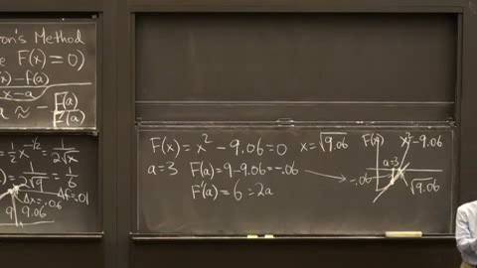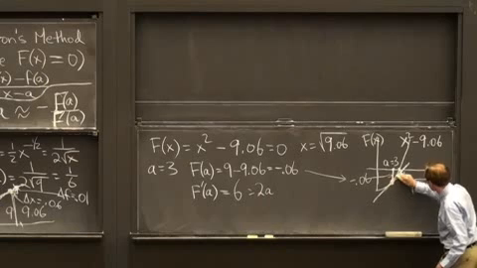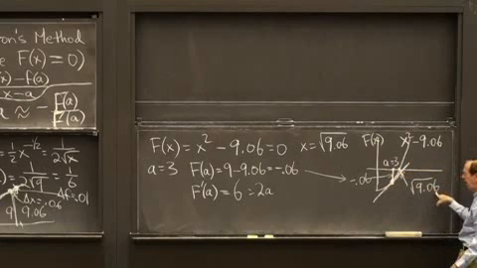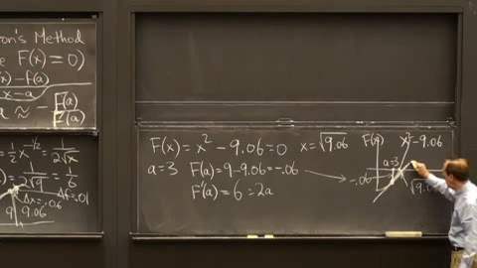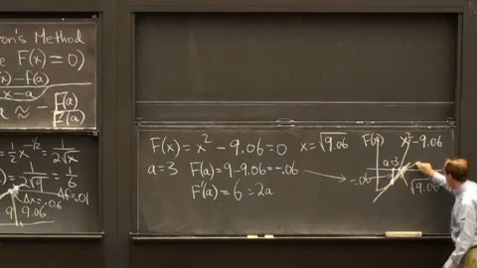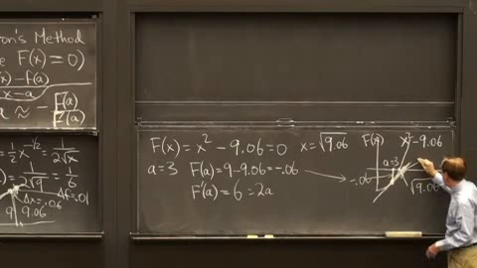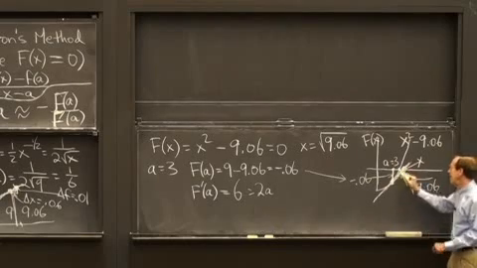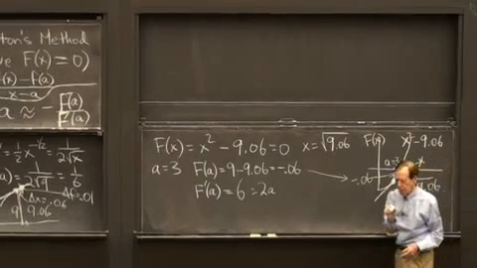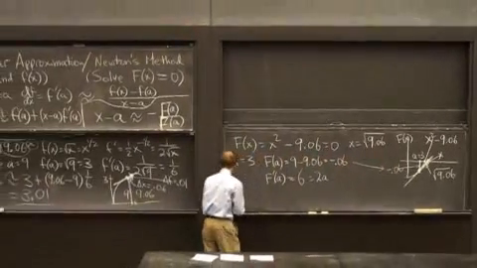What is my improved guess at the solution? I don't follow that curve because that would be perfect, but curves are hard to follow. I'll follow the straight line, and that's my next x, my better x. You see, that's a lot better. Let me do the numbers here. What is the x that Newton's method gives us?